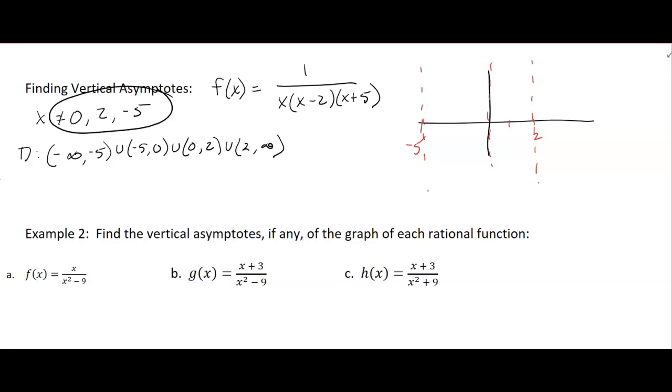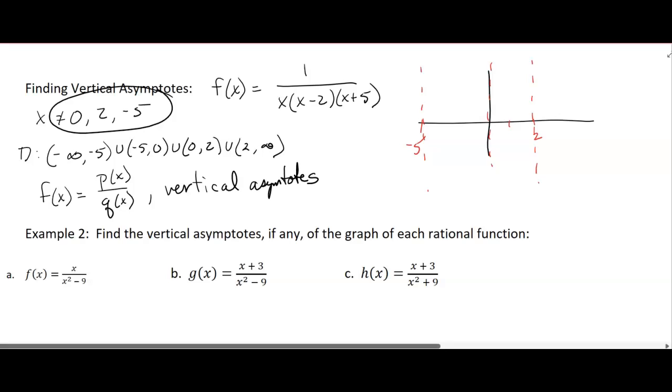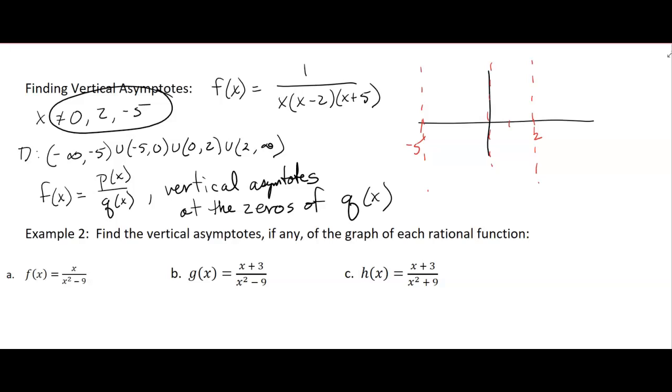To find those, in our function, when we have P of X over Q of X, you're going to have vertical asymptotes at the zeros of Q of X. So you find the zeros of the denominator, that's where your vertical asymptotes are. So it's probably easier to say it that way.